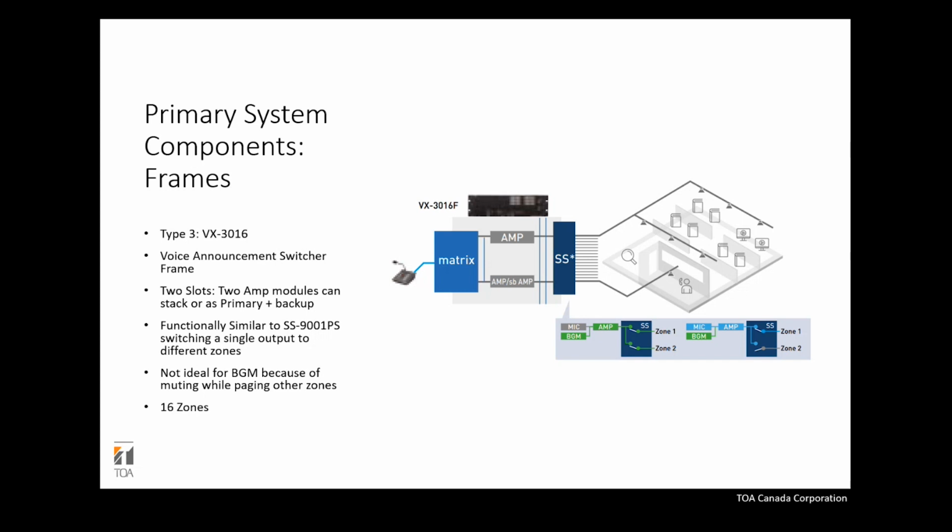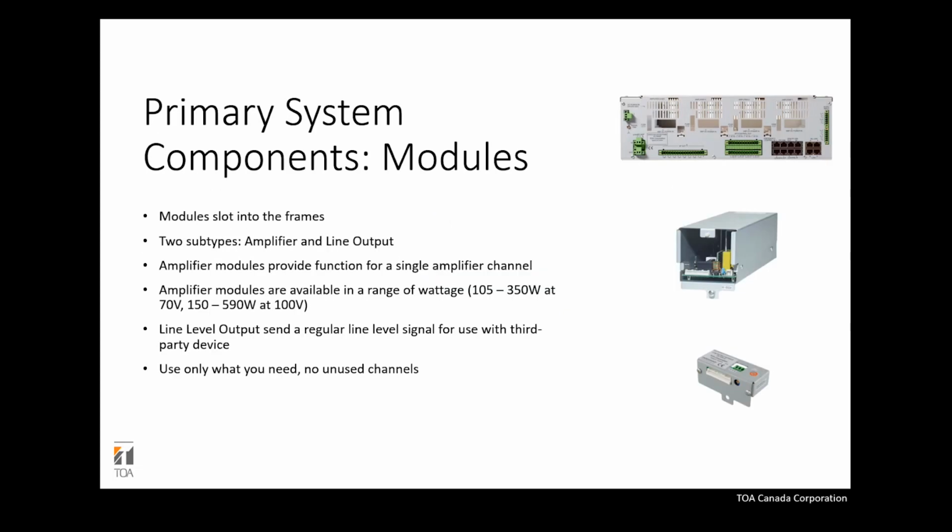The trade-off here is that you forego background music in exchange for a bigger zone and a large number of zones to select. So as you can see, there's a wide range of flexibility and applications that you can consider and be more focused on the needs of the client as long as it's needed. So let's move on to the modules.